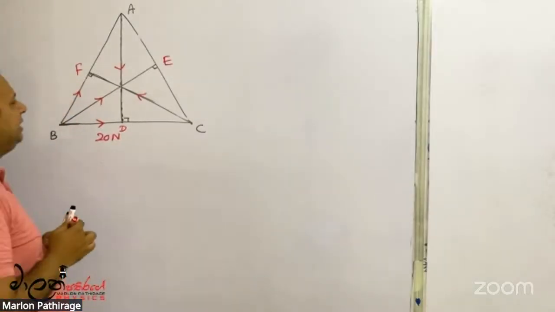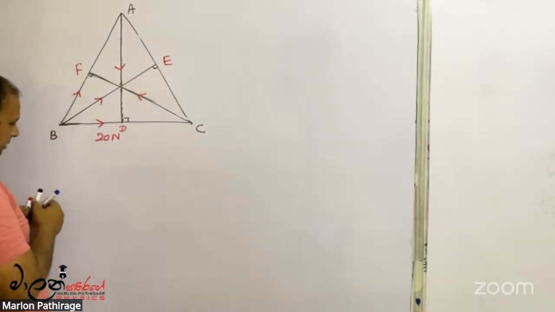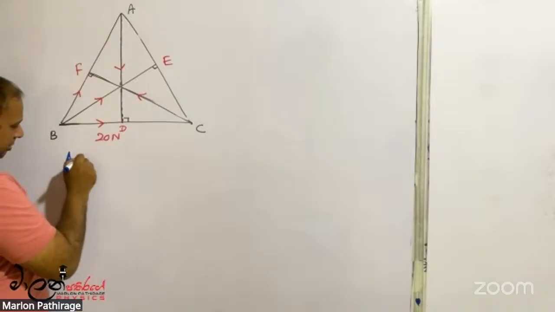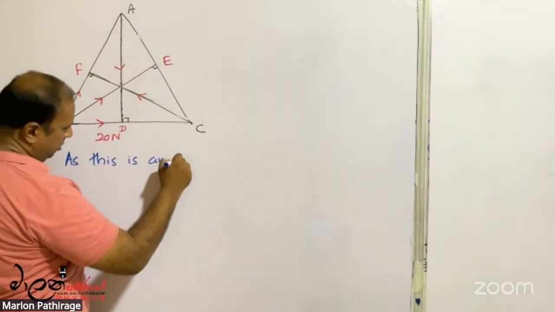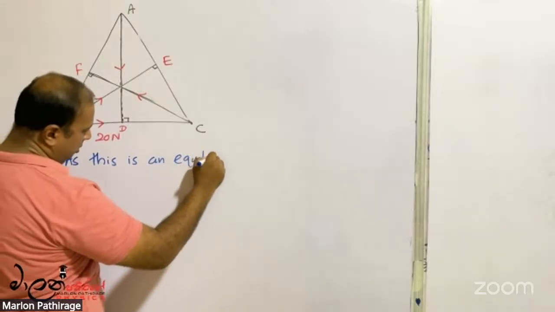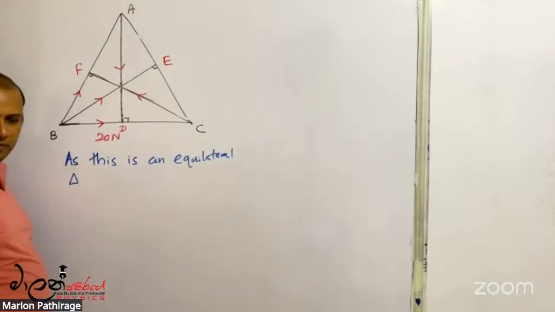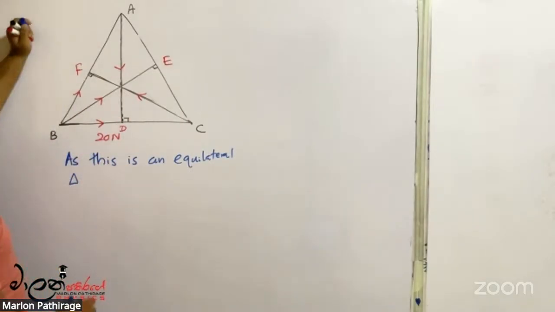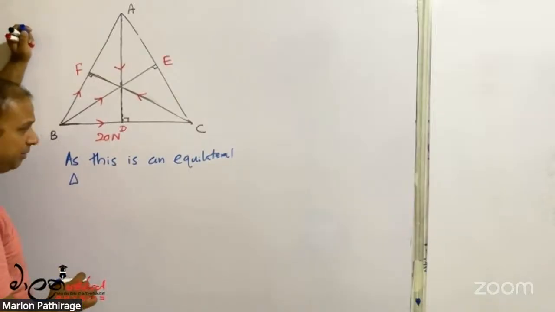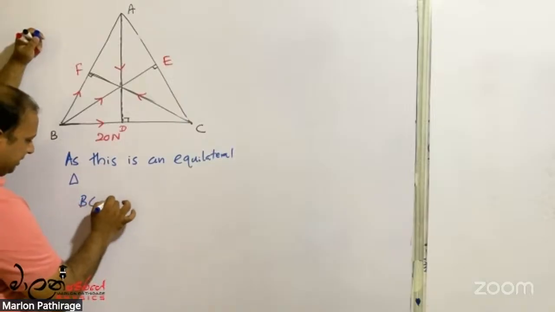Okay, as this is an equilateral triangle, AB and BC are equal.